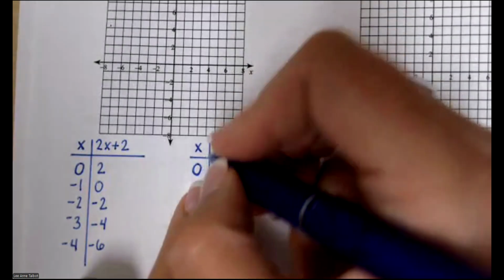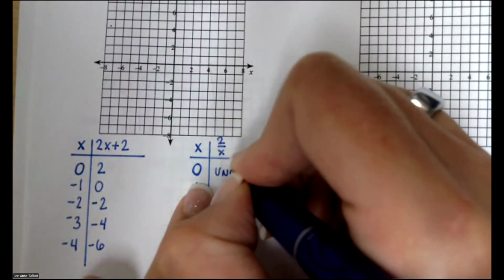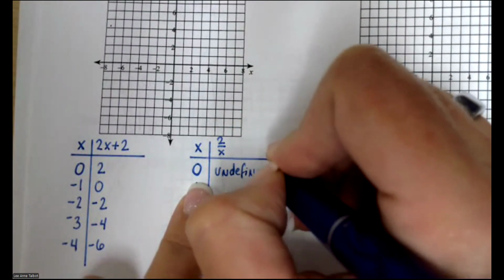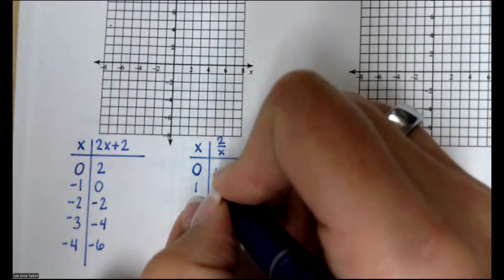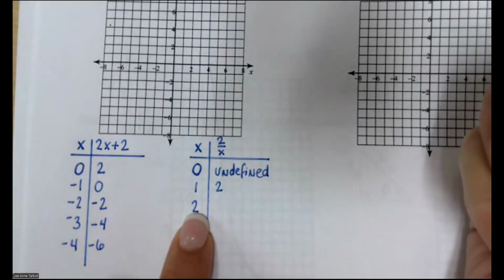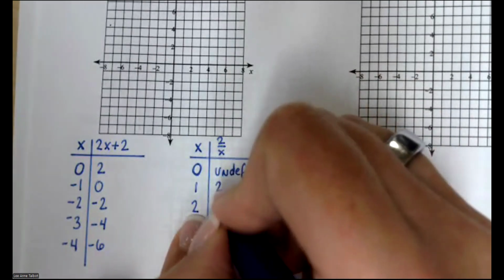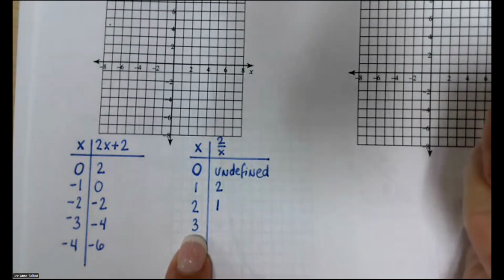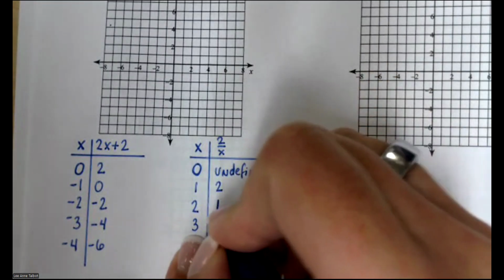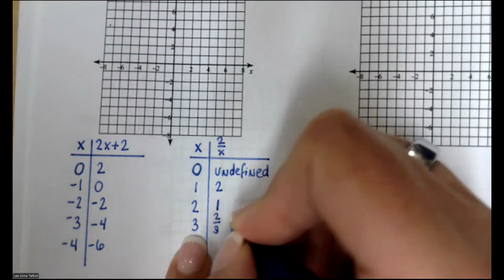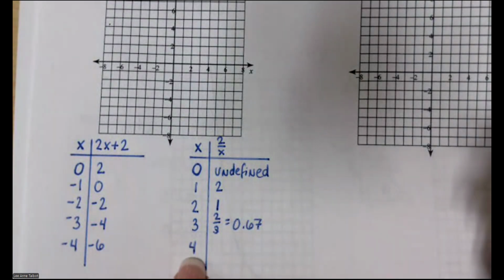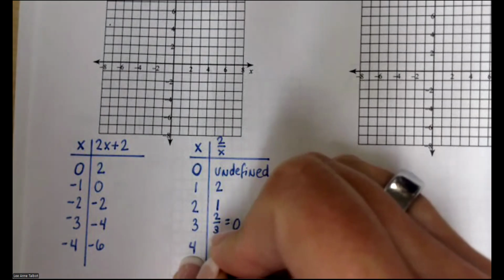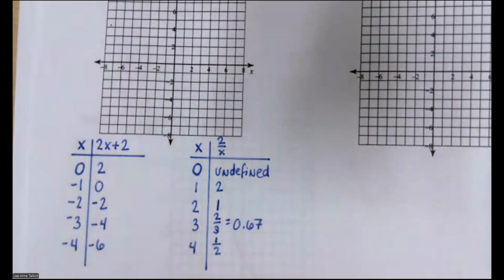For the other table, 2 divided by 0 is undefined, because you can't divide by 0. 2 divided by 1 is 2. 2 divided by 2 is 1. 2 divided by 3 is 2/3, which you can make a decimal if you like. And 2 divided by 4 is 1/2.